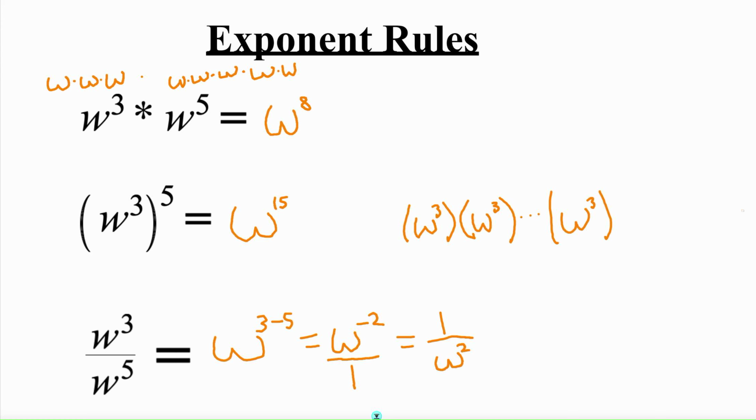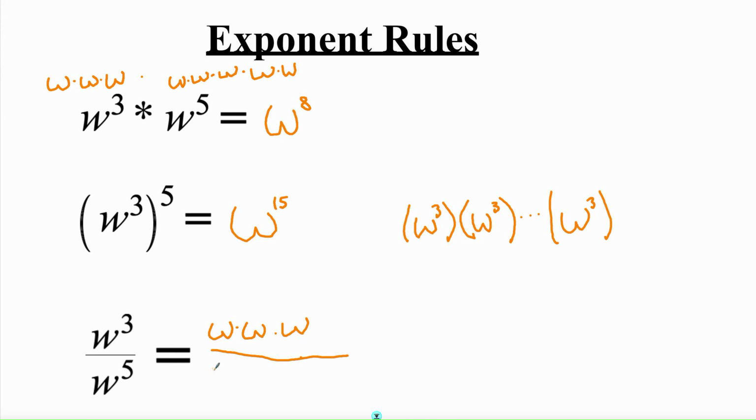So on this last example, this is not actually the way that I think about this. So you get 1 over w squared, but an easier way to think about this for myself is I think about this w multiplied by itself 3 times, w times w times w. The denominator would be w times itself 5 times.